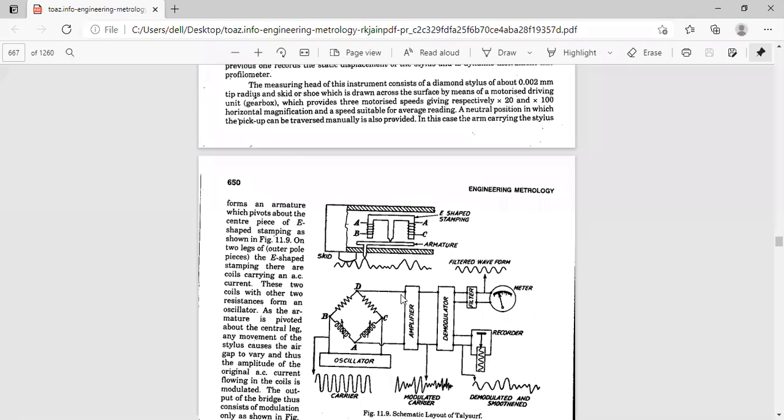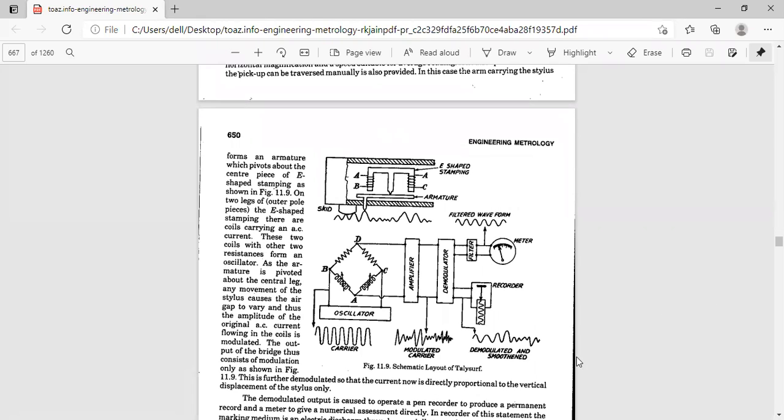So what is the role of the oscillator? It will be providing a carrier wave to the Wheatstone bridge. Whenever it is in the static condition, the bridge is balanced, and whenever we test this instrument on the machined surface, with the surface irregularities, the bridge is unbalanced.